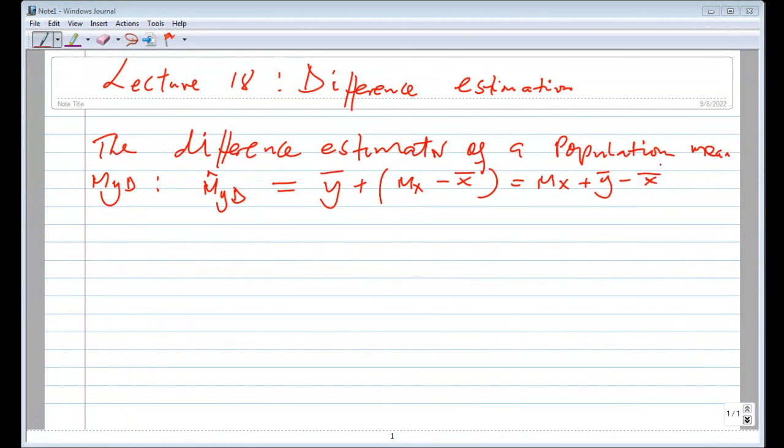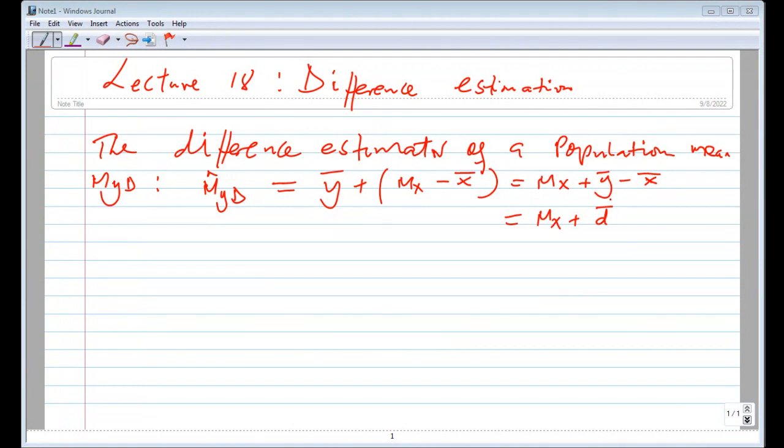You see, it's the same thing. And then this can also be written as mu x plus d bar.